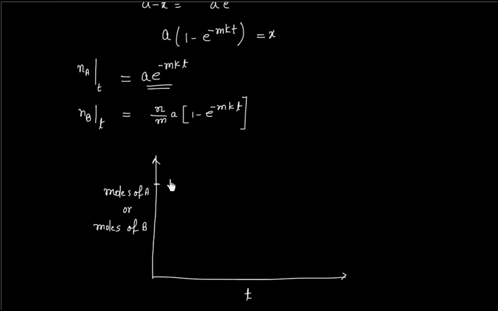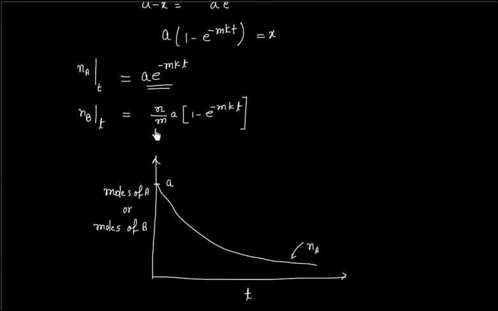As time goes, moles of A will decrease. So we will have this kind of curve. So this value is A. This is for moles of A as a function of time.